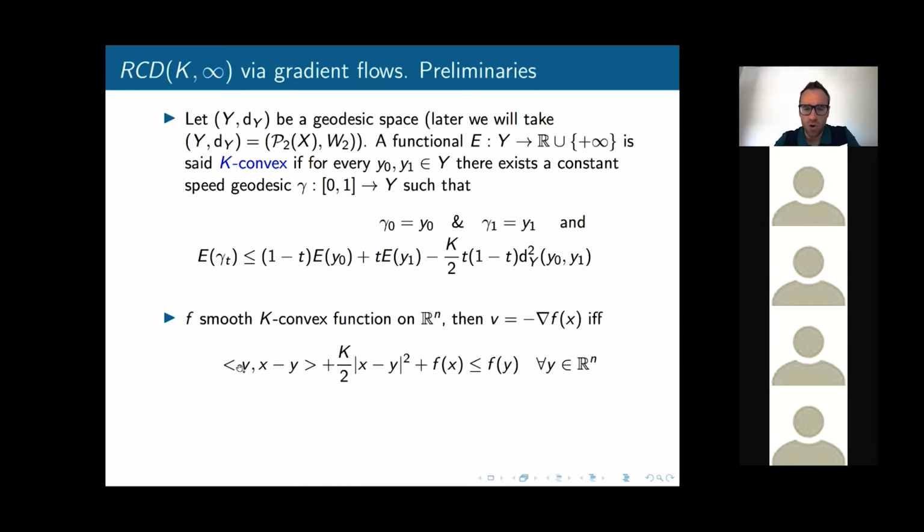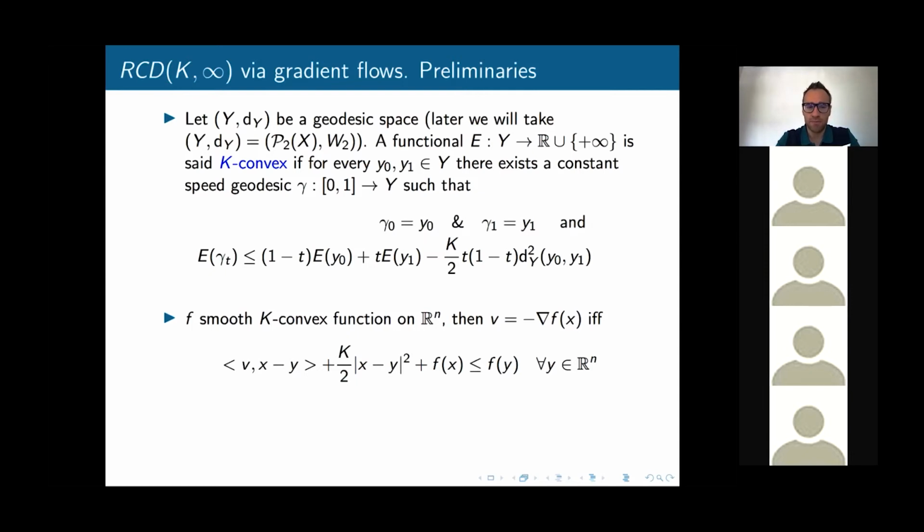If you know a little bit of convex functions, this is nothing but saying that this v is in the subdifferential of the function f. And if the function is smooth, then you have just one element in the subdifferential, which is the gradient. So this is an exercise. If you take K equal to 0, it is really just an exercise of analysis to check this.